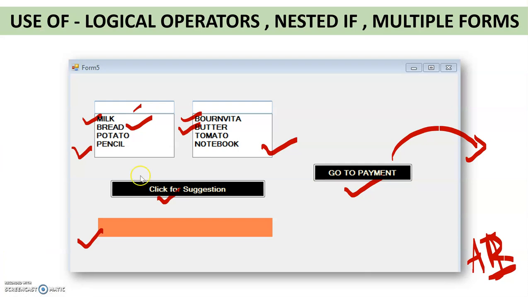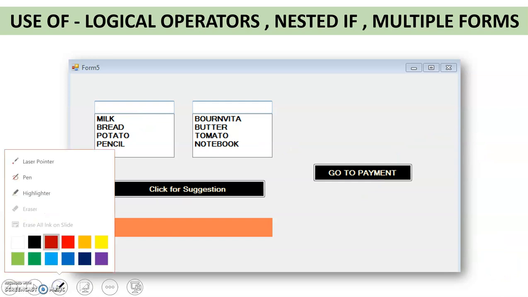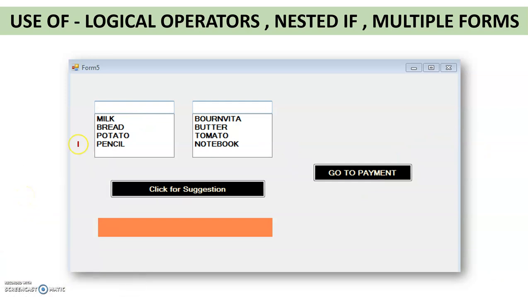On the screen, this is your combo box 1, this is combo box 2, and this is your button, and whenever you work with these, every time it will clear the suggestion label.